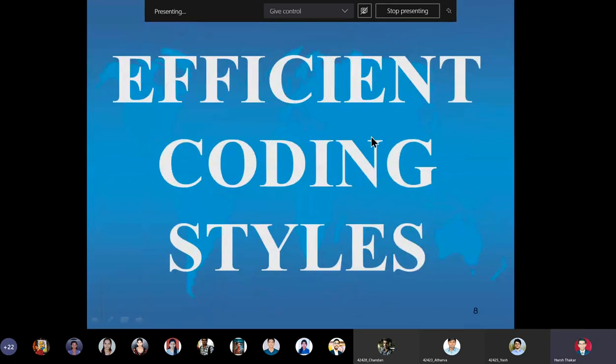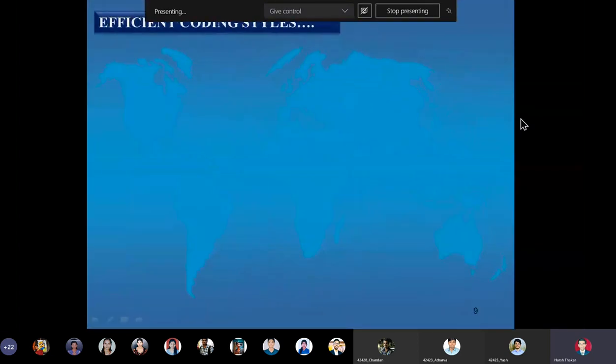Okay. Yes, and the last topic which we want to touch upon is called efficient coding styles. Now we have learned how to write a VHDL model comprising library statements, so starting with the correct block diagram, correct entity name, the correct truth table, we write the library statements, we write the entity declaration, and using different modeling styles such as BMS, DMS, SMS, and using all different kinds of clauses and structures, we end up writing the architecture body.